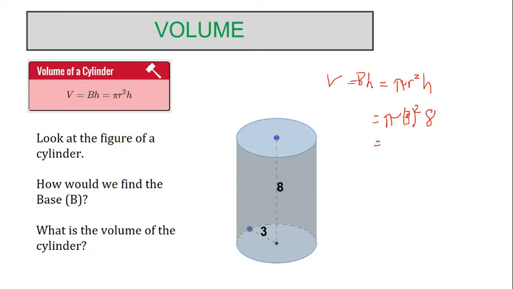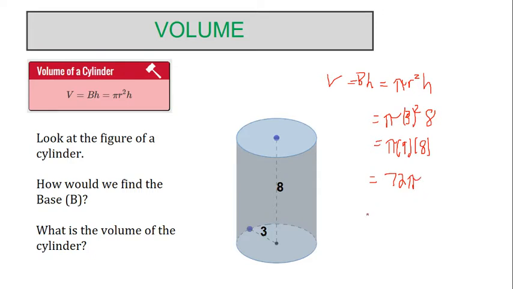All right, so I continue simplifying. Remember to square first. So now we have pi times 9 times 8. If I left this answer exact in terms of pi, I would multiply these two numbers, 9 times 8, which is 72, and then it's still being multiplied by pi. So this would be the exact volume.